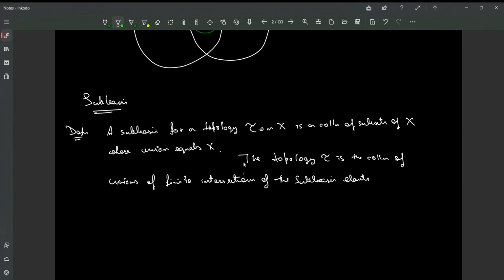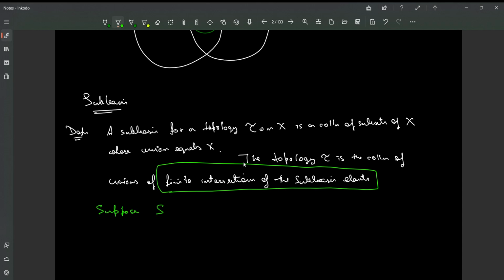Now we know that a topology generated by a basis is the collection of the unions of the basis elements. That's quite trivial from this definition, that the basis for a topology, provided you have a subbasis, is simply the finite intersections of the subbasis elements, right?